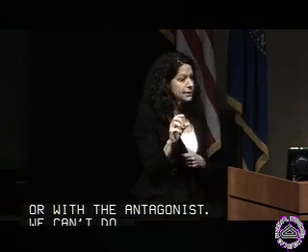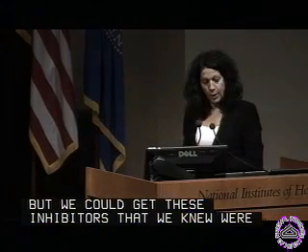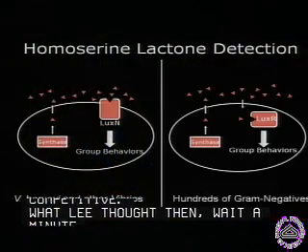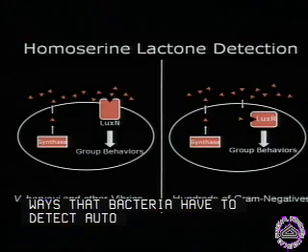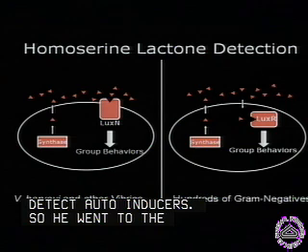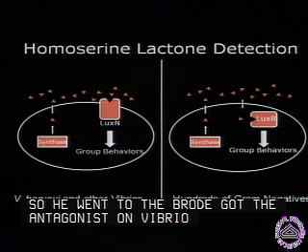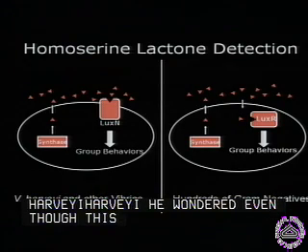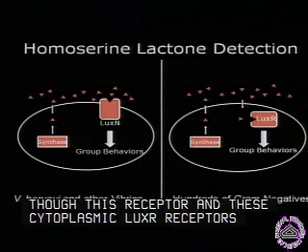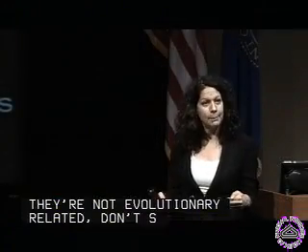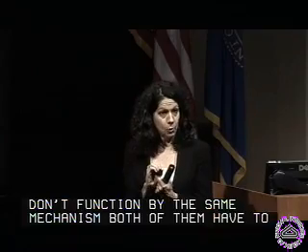But we could get these inhibitors that we knew were competitive. And so what Lee thought then was, now, wait a minute, he knew about these 2 ways that bacteria have to detect autoinducers. So he went to the Broad and he got the antagonist on Vibrio harveyi, but he wondered if even though this receptor and these cytoplasmic LuxR receptors, even though they're not evolutionarily related, they don't sit in the same compartment of the cells and they don't function by the same mechanisms, both of them have to fold up to be able to bind a homoserine lactone.